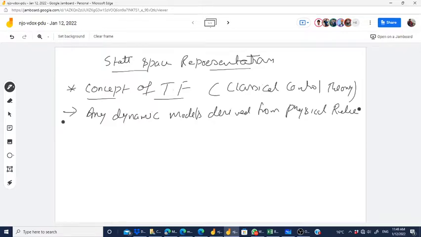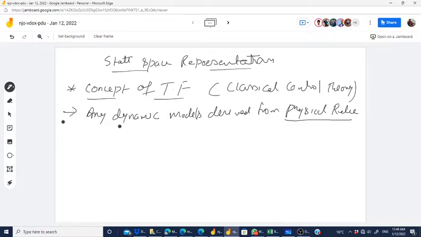Physical rule means, let's say there is a mass balance equation, a mass spring problem. So in order to develop the model of that mass spring damper problem, we just apply the physical law, right? And you are able to find the model.